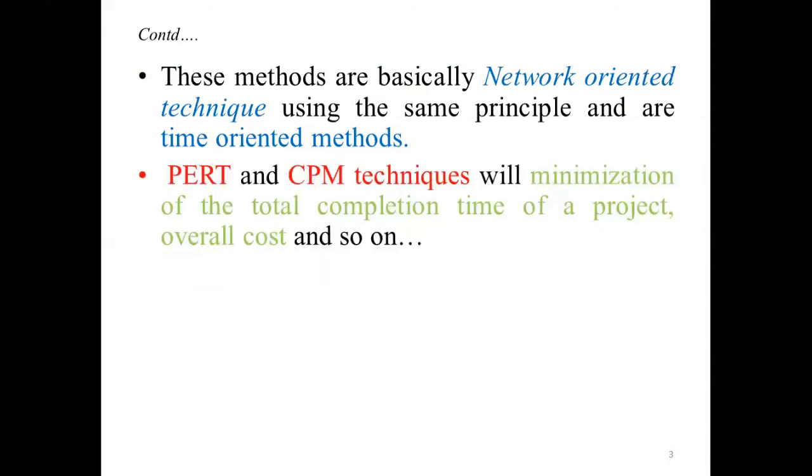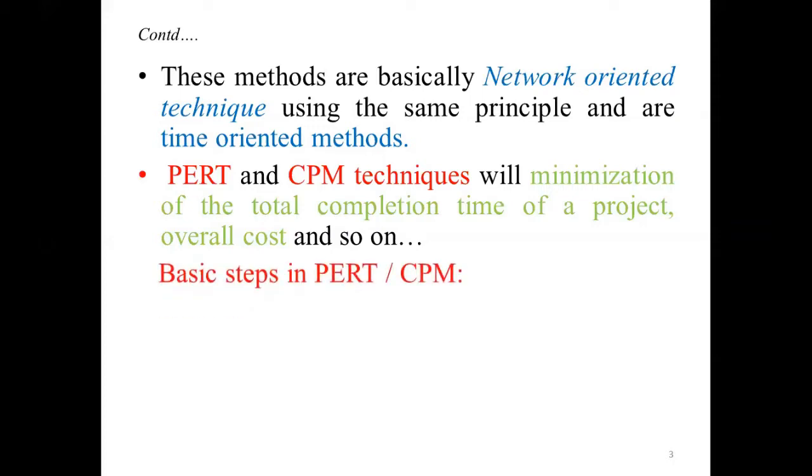That means the project will be completed within an optimal time schedule. PERT and CPM techniques help in minimization of the total completion time of a project, overall cost, and so on. That means these two techniques are adopted in order to minimize the total completion time of a project and also to reduce the overall cost.